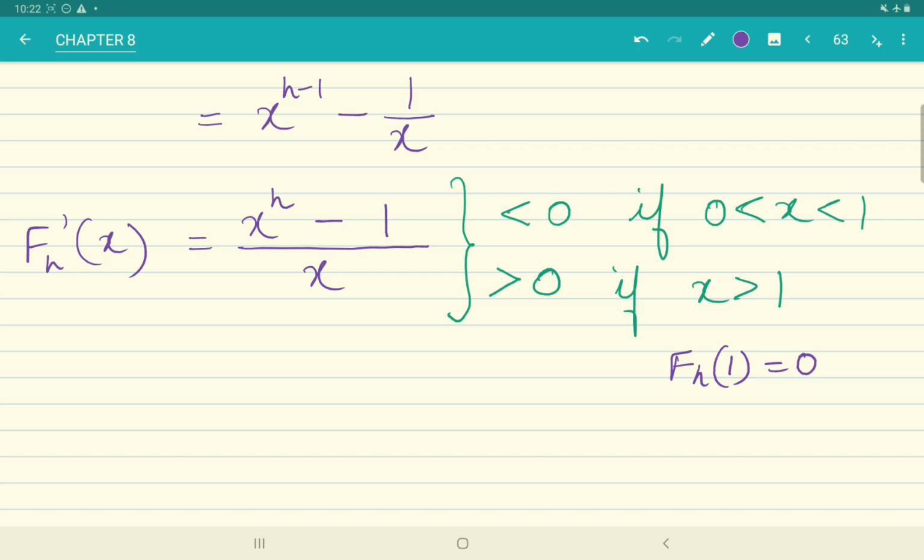When x is greater than 1, the function increases because fh prime x is greater than 0. At 1, the function takes on the value of 0. That means when x is greater than 1, the function increases from 0 to positive values.